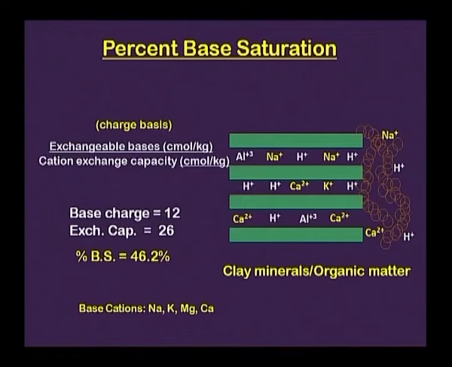The base cations are sodium, potassium, magnesium and calcium. These exchangeable bases divided by cation exchange capacity of soil give the percent base saturation of soil. In this example, the base charges are 12 whereas the exchange capacity is 26 and it gives the percent base saturation of 46.2%.